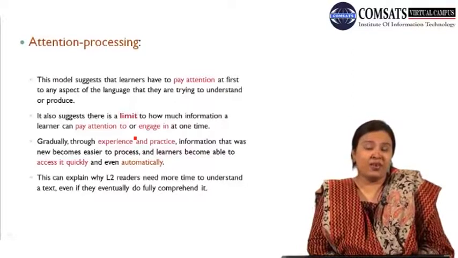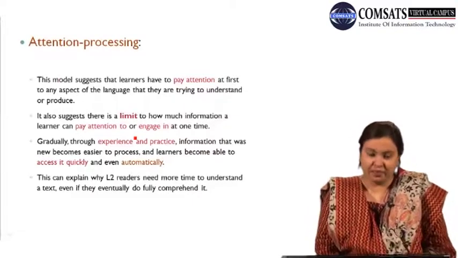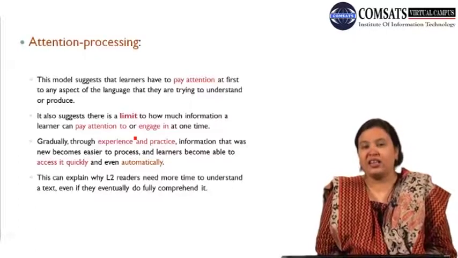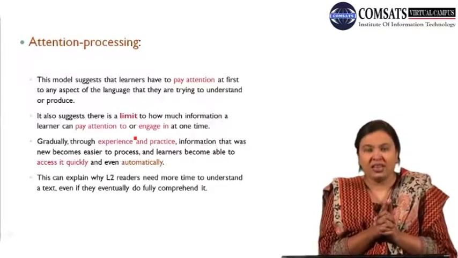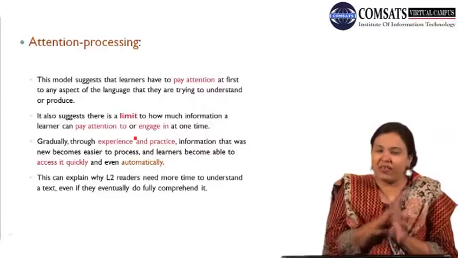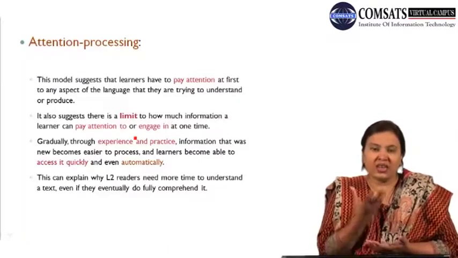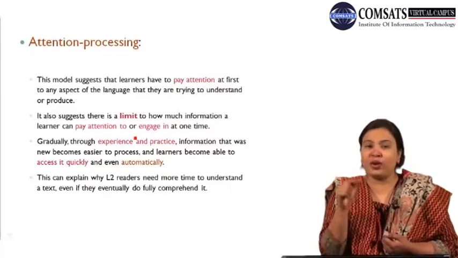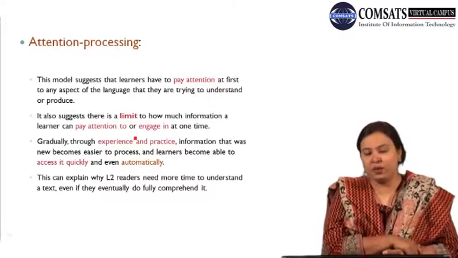According to proponents of information processing theory, learners of a second language, at the very first level, have to learn how to pay attention. To whatever language they are learning, they need to pay attention to it. So learning the art of giving attention is the first step to acquire that language.